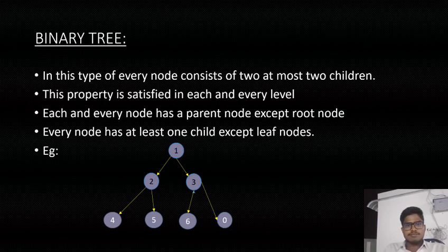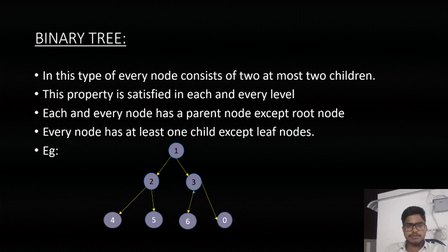This property is satisfied up to every level of the binary tree except for level 0, which is also known as the node level, otherwise the bottommost level, which is known as the leaf node level. As we can see, here is the example.